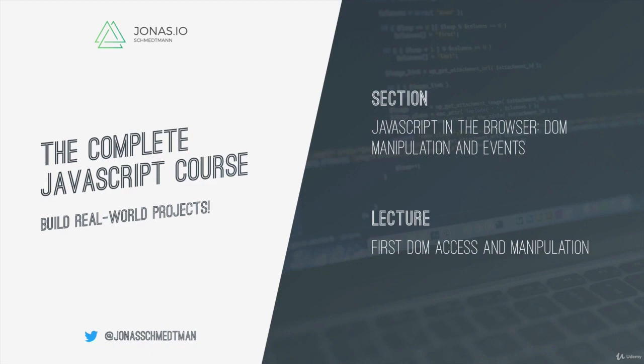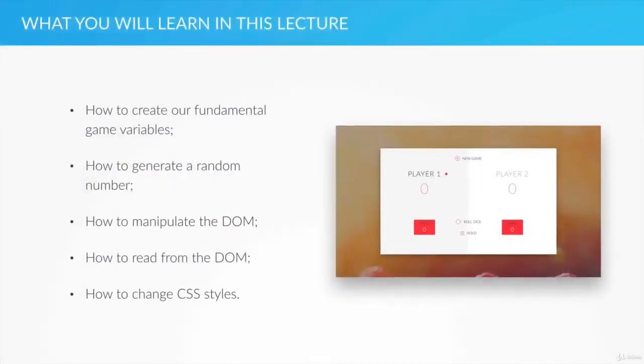Now it's time to finally start coding up our game and put into practice what we learned so far about the DOM. But one more thing before that. From now on, in all the coding lectures of a project where we learn multiple new things and concepts in one single lecture, I will give you a quick summary like this one, so that you can later reference what we did in each lecture.